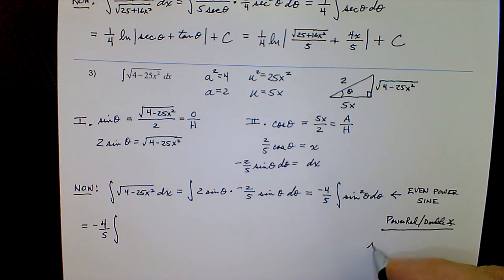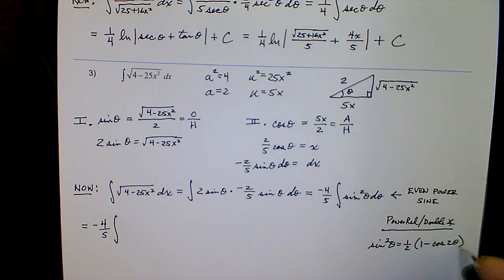And for sine squared of theta, it was 1/2 times 1 minus cosine of 2 theta.